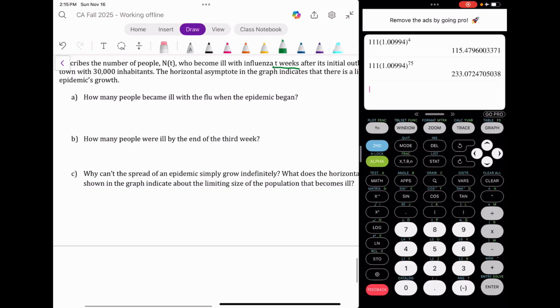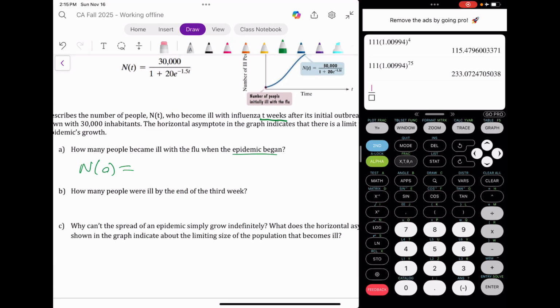So, part A, how many people will become ill with influenza when the epidemic began? So that means time is 0. So we just plug 0 into the calculator. Anytime you see initial or beginning, that always corresponds to a time of 0.